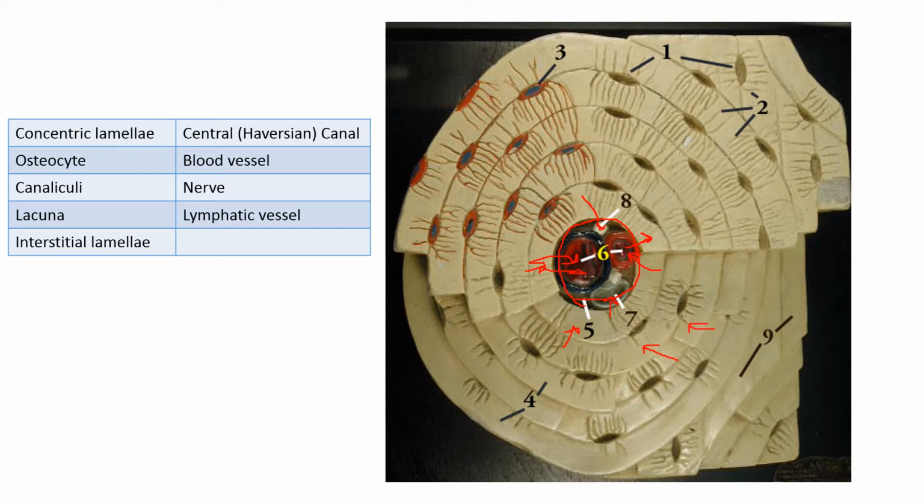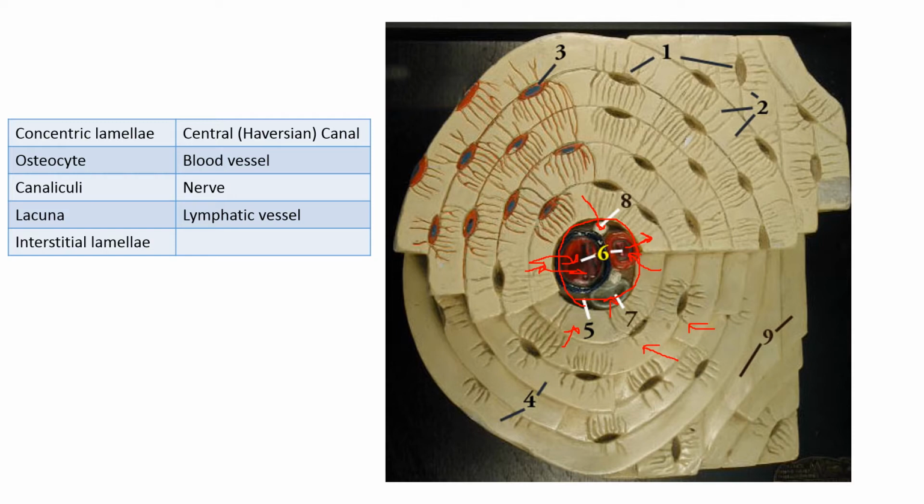So these are concentric lamellae because they form these concentric circles. And you'll hopefully remember from your lecture that these lamellae have collagen fibers running through them, but they run in opposite directions for each of the concentric lamellae. And this helps to reinforce the bone against twisting stress.